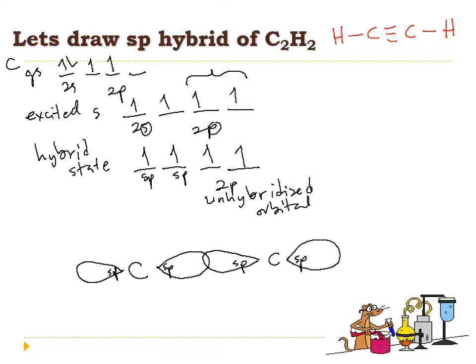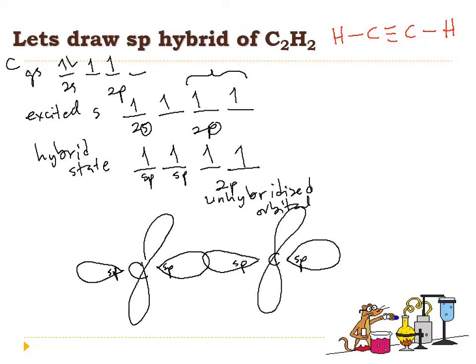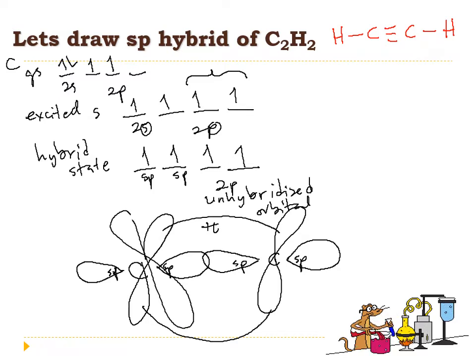So this particular carbon, actually both of them, would have 2p orbitals. This is the 2p orbital, which is not hybridized, and here you're going to have a pi bond. Another 2p orbital, if we can draw, is over here, and another one is over here.